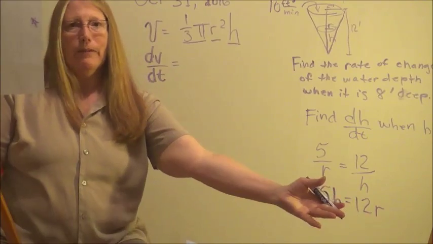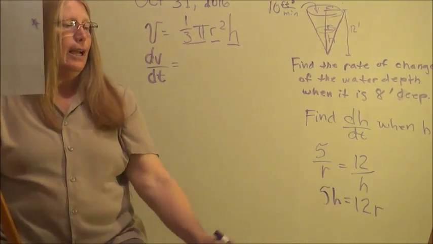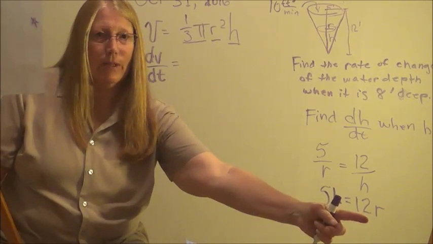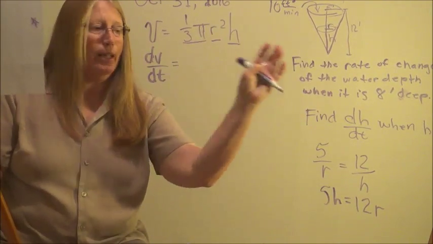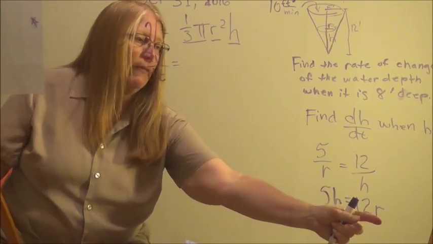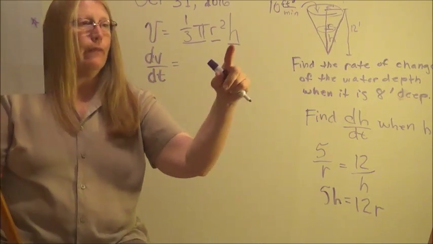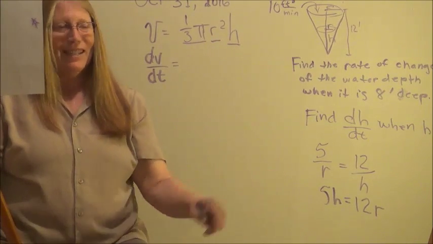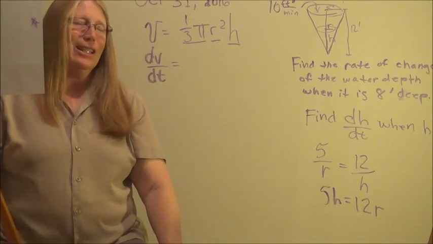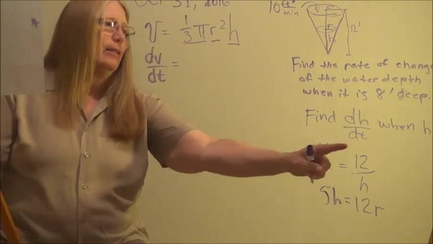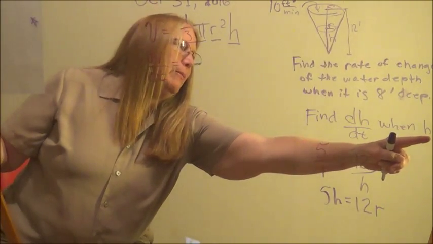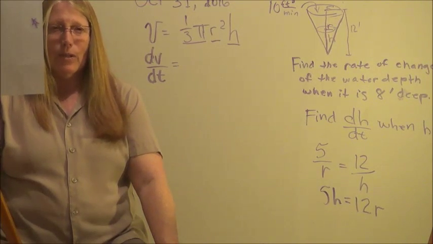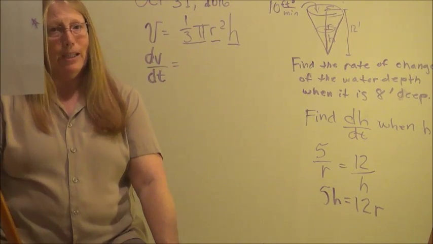Now is our moment of decision, because I have to figure out whether I want to solve this for h and have it in terms of r to substitute in for h, or should I solve it for r and substitute it in, or the other way around? So what I'm going to do is, because I'm looking at what I know, in this problem h equals 8 pi. So if I substitute in for h in terms of r, then I lose my h altogether.